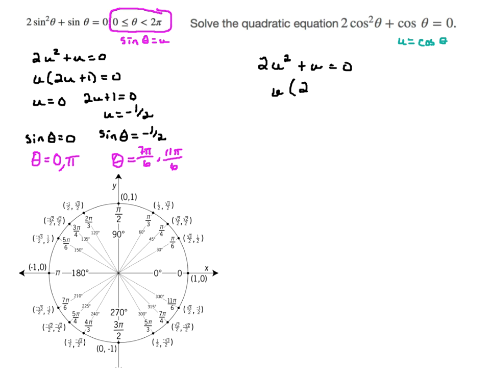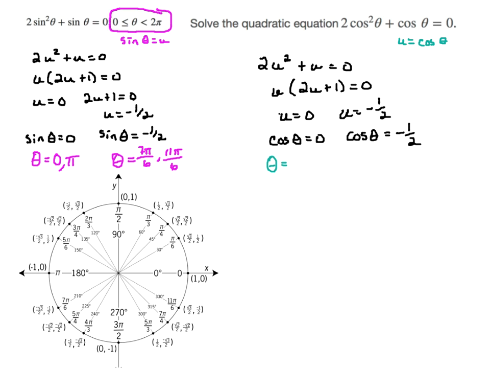So I factor u, and I get u times (2u plus 1) equals 0. So I know that u ends up being 0 and u ends up being negative 1/2. So the cosine of theta equals 0, and the cosine of theta equals negative 1/2.